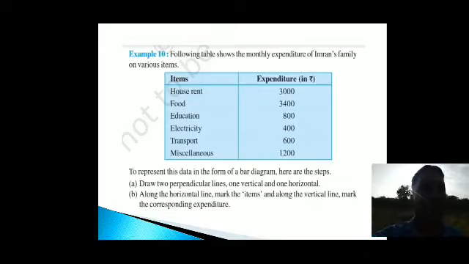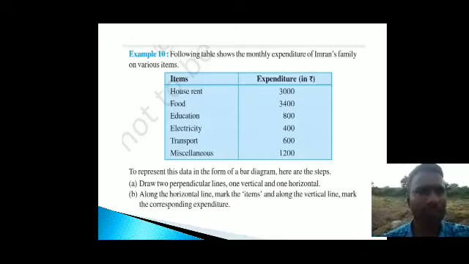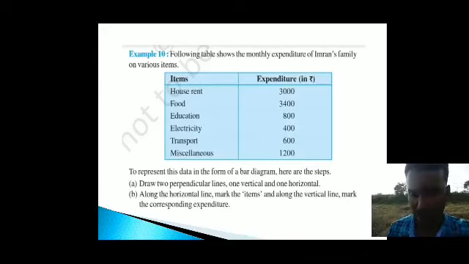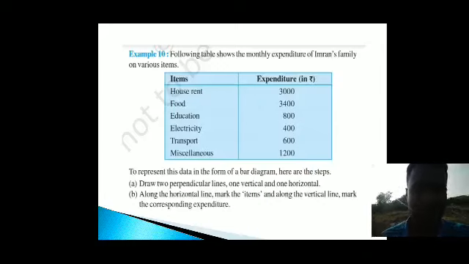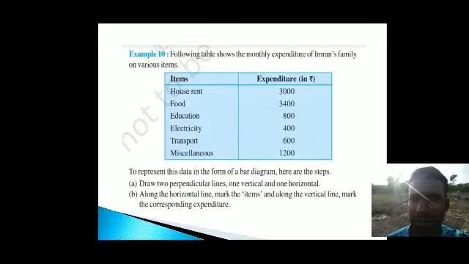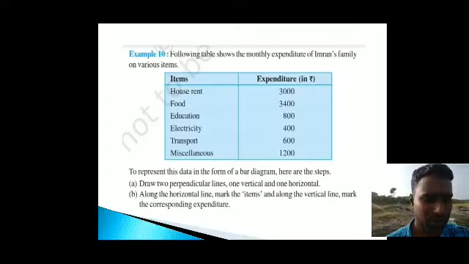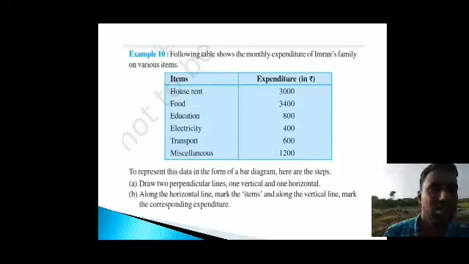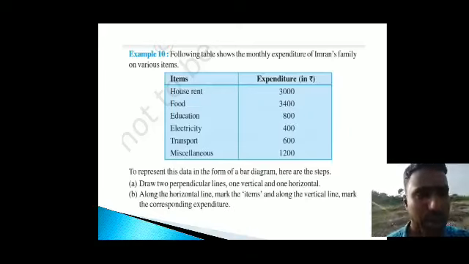First one, house rent 3,000, and food 3,400, and education 800, and electricity 400, transport 600, and then miscellaneous 1,200.